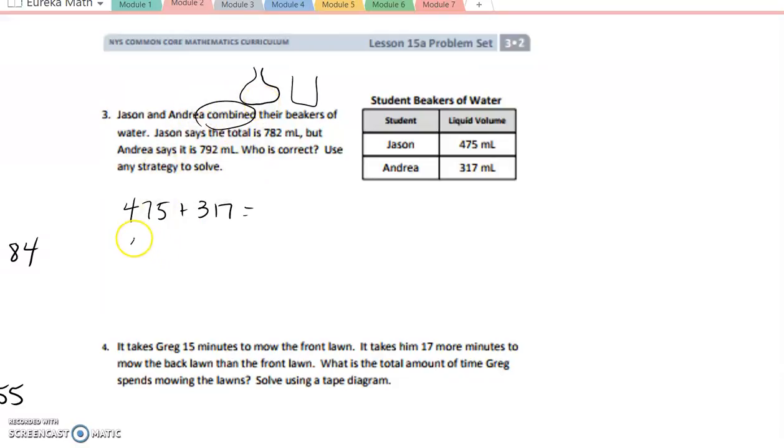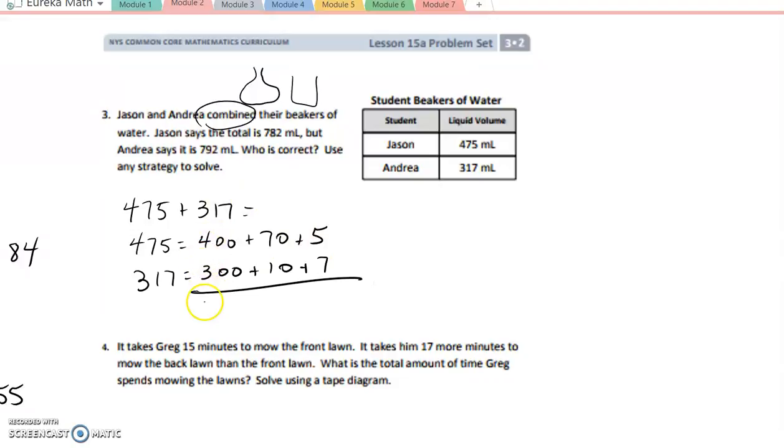That tells me to add. So 475 is equal to 400 plus 70 plus 5. 317 is 300 plus 10 plus 7. So 4 hundreds and 3 hundreds is 700, plus 70 and 10 is 80, plus 7 and 5, ooh, that's 12. I can see why one of them was not right. So now if I combine these two, because they have the same number of digits, I get 92.